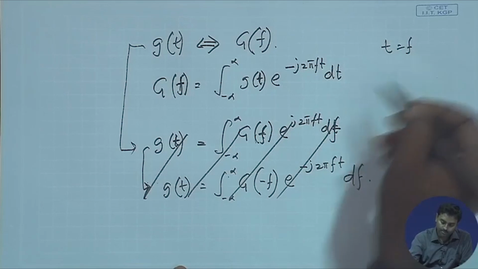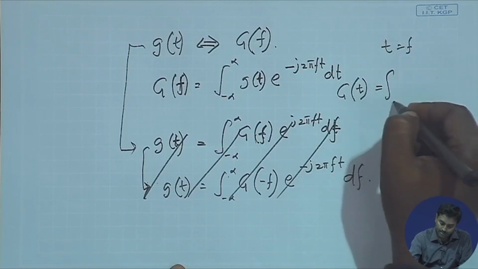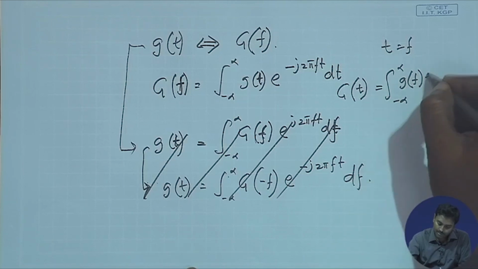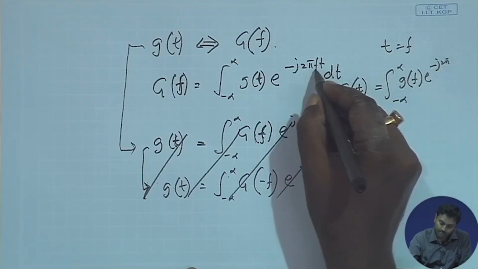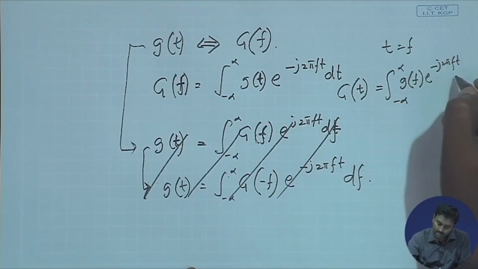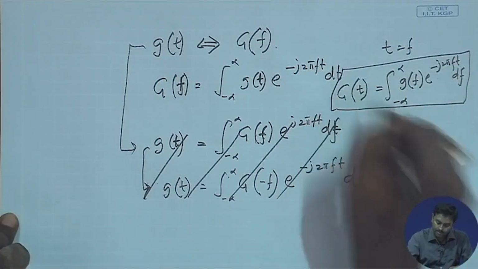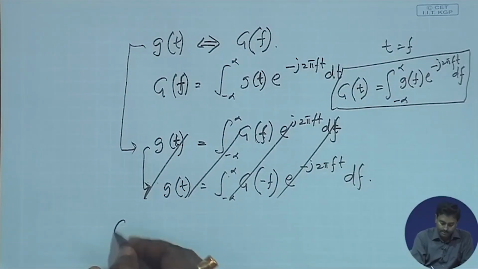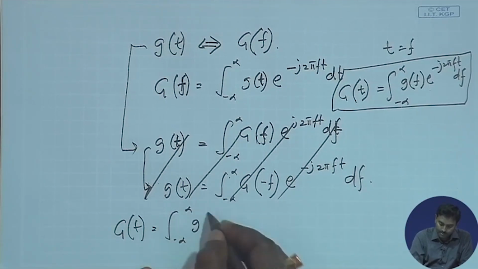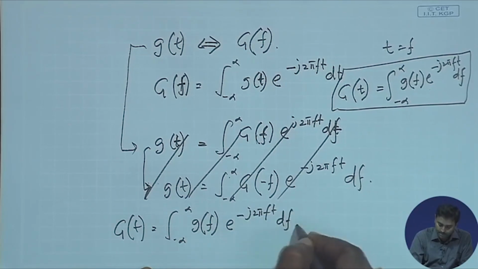So, t equal to f, if I just put that, this G(f) will become g(t), and I get the integral from minus infinity to plus infinity of g(f) e to the power minus j 2 pi, with f replaced by t and t replaced by f. So, I get f t, right. So, I get g(t) equal to the integral from minus infinity to plus infinity of g(f) e to the power minus j 2 pi f t df.